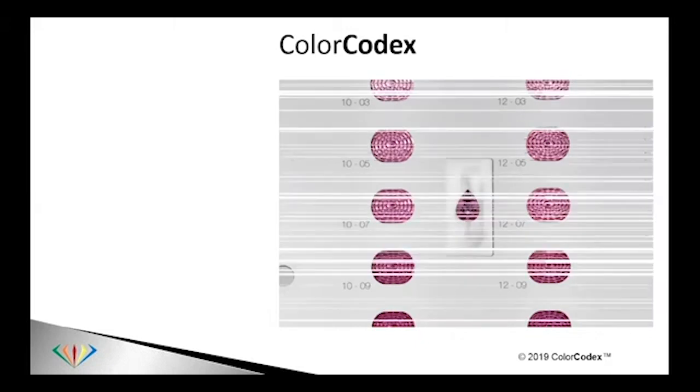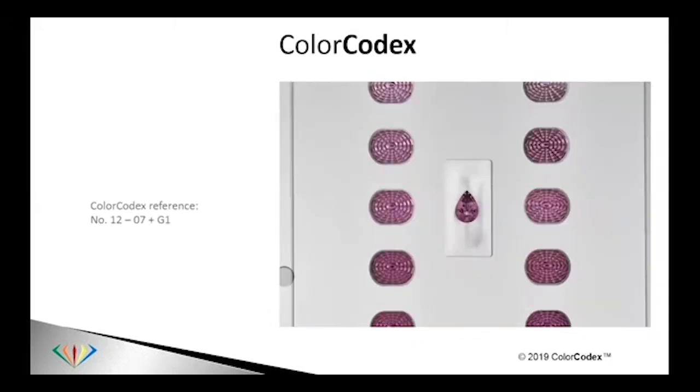And so with the use of a G1 overlay, you actually get a much better match for this color. And so now the ColorCodex reference for such a stone would be 12-07 plus G1. So this is how we use the overlays to bring in that third dimension of color.